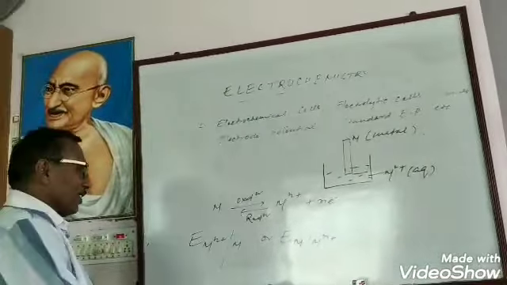The electrode potential associated with anode is called oxidation electrode potential, and it is represented by E of M interface with Mn+. Here M changes to Mn+ by loss of electrons. So loss of electron is oxidation. That's why the potential associated with anode is called oxidation electrode potential.